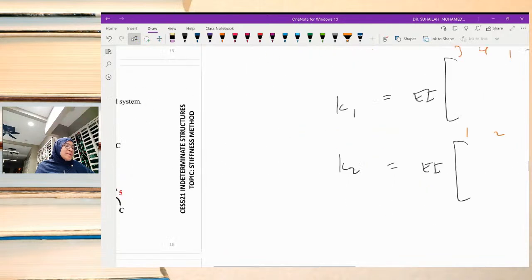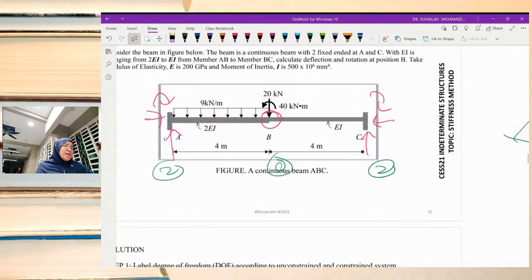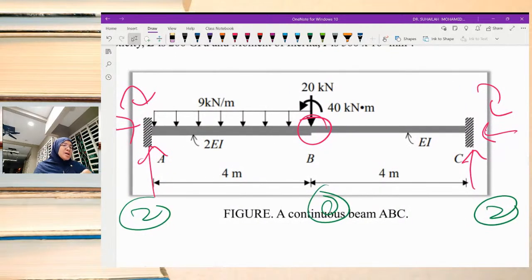We look at the diagram. In this case, there is a UDL along member AB, and BC has no member load.